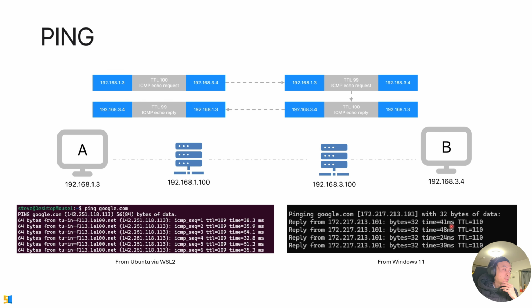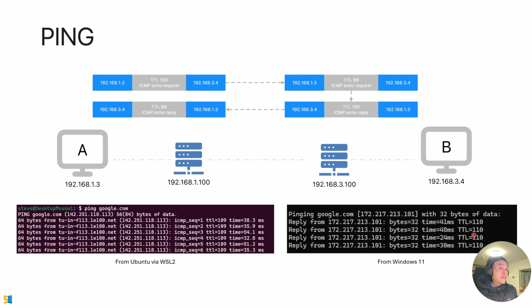If you notice, the bytes that we receive in Windows and Linux are different. Do you know why? Because I think the header size is different for Ubuntu or Windows, maybe. I don't know. Right, the time and the TTL.